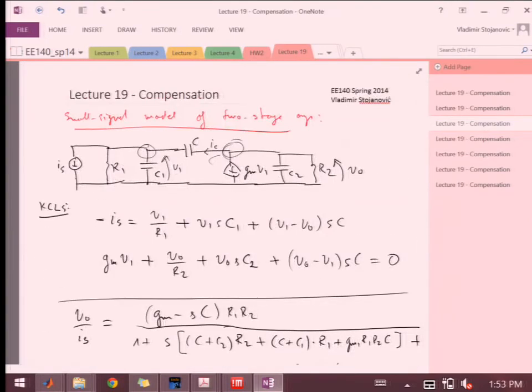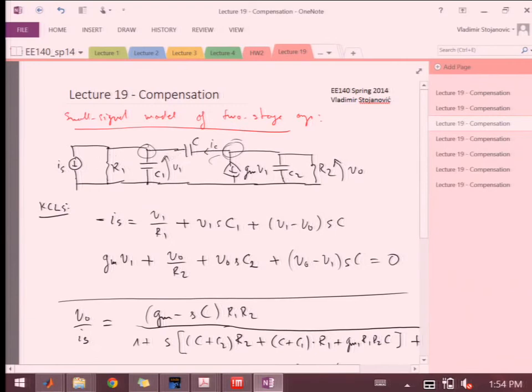So if C is very small and I neglect it, what is the pole that I have on this side? It has to come from this capacitor. And then what resistance do I see if this is gone? Right? So I only see R1.